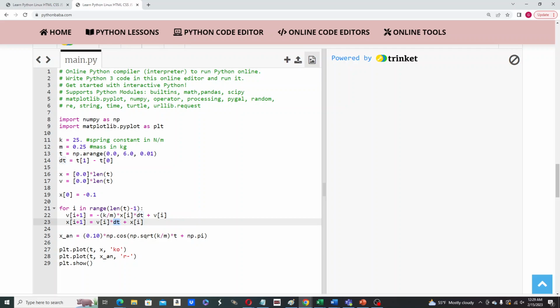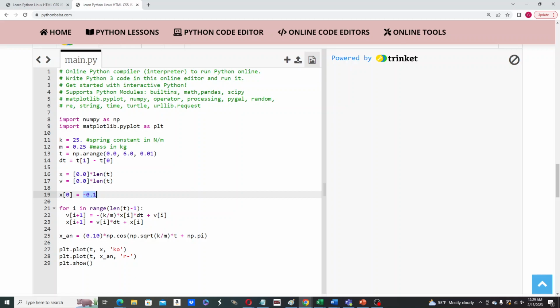Okay, this is the analytical solution. We know Hooke's law gives us oscillations, and my amplitude, if I release my object from rest, then that will be my amplitude. So my amplitude is going to be 10 centimeters. I initially allowed it to be pulled down to an initial point of negative 10 centimeters, or negative 0.1.